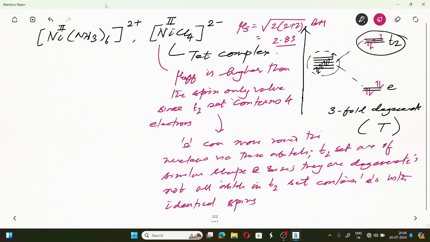So this is the logic behind the magnetic moment being higher than the spin only value. So this is the case with NiCl4 2 minus.